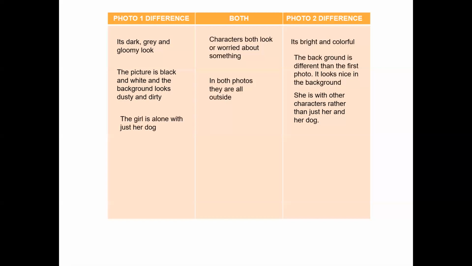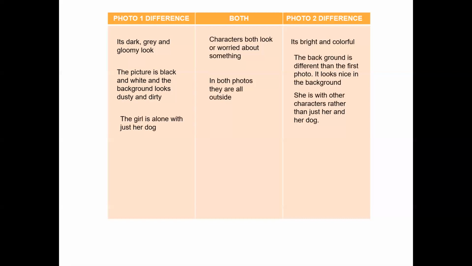And in the other one, she has a concerned look. And then the Tin Man, if you watched the movie you would know his name is the Tin Man, the guy in the metal suit, also looks sad or worried. So there's this common thing going on with these characters, that they all look kind of worried, like they're trying to figure something out. And both pictures are outside, okay?